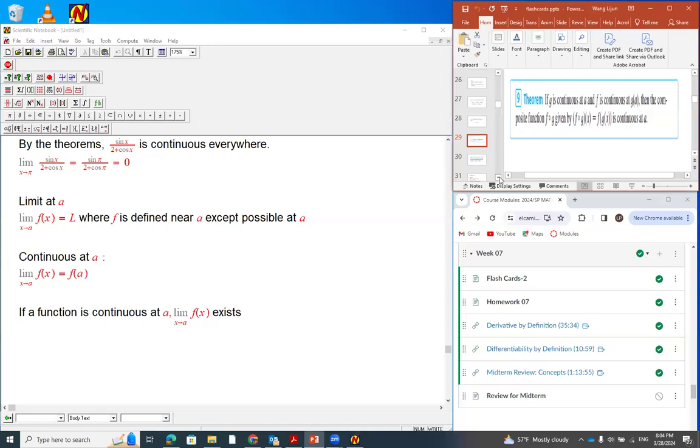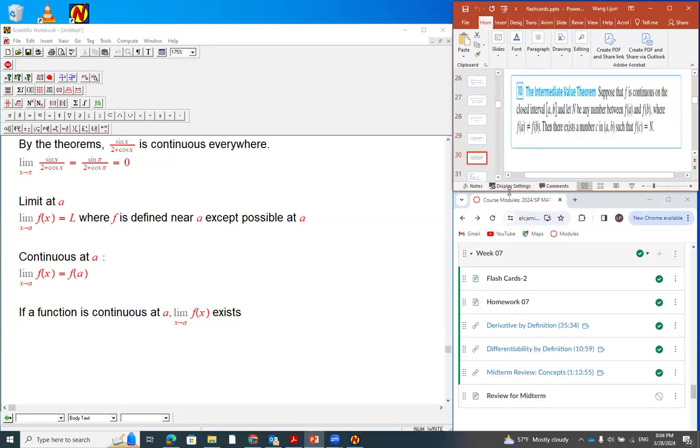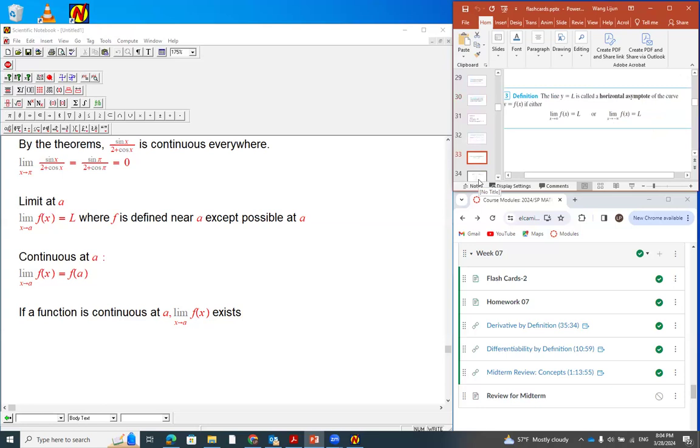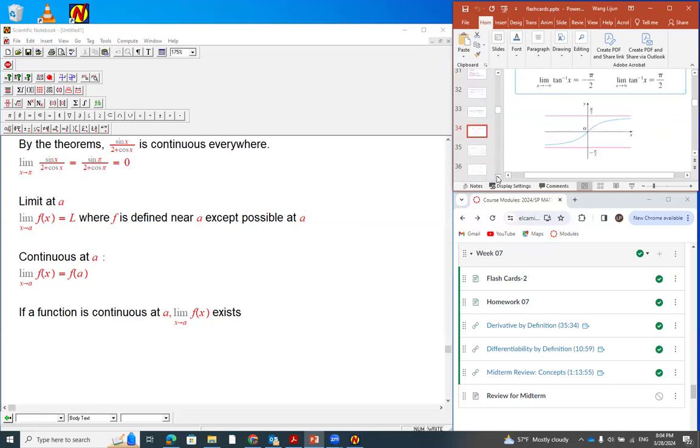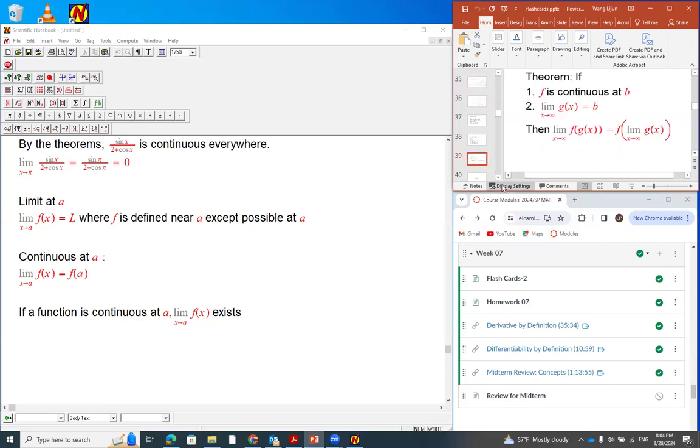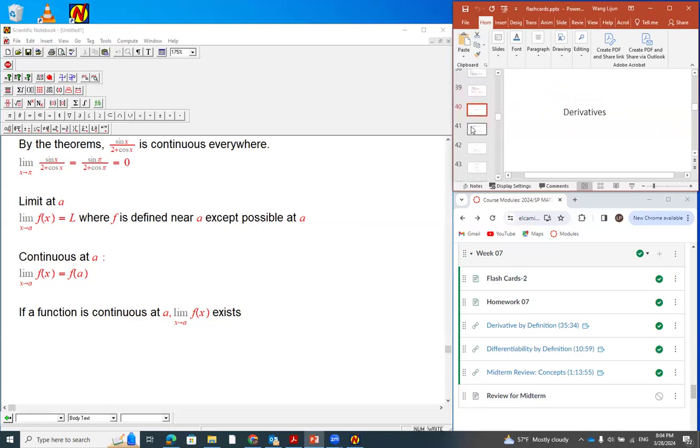Let's go down. We introduced differentiability. These are still continuity, so now derivative. We have some recordings already available, and we also have definitions.